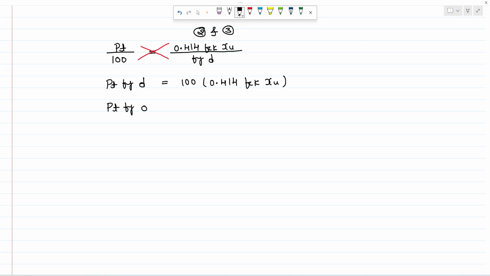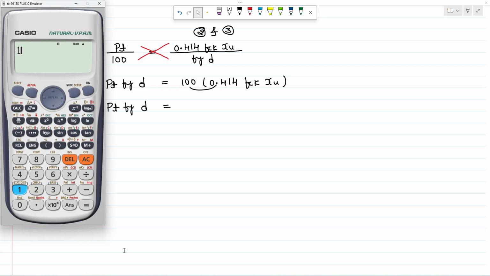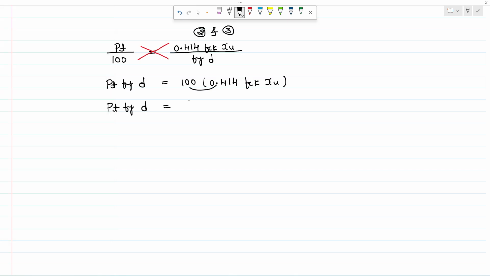So 100 multiplied by 0.414 is 41.4. Remaining terms are fck into Xu. So call this as equation number 4.